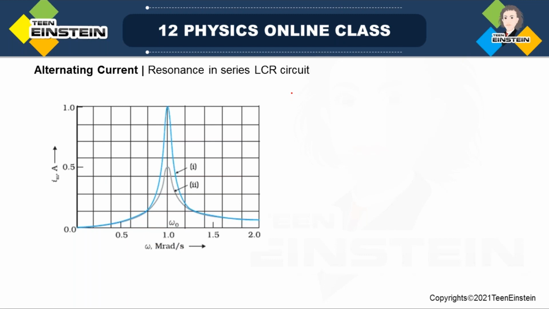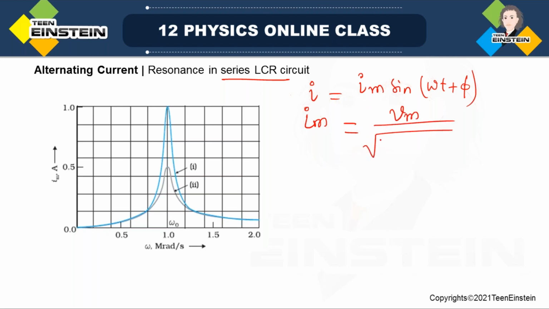We have calculated for the series LCR circuit the current, I equal to Im sine(omega t plus phi). This is what we have found out, and Im, the amplitude of the current, can be obtained by this formula.